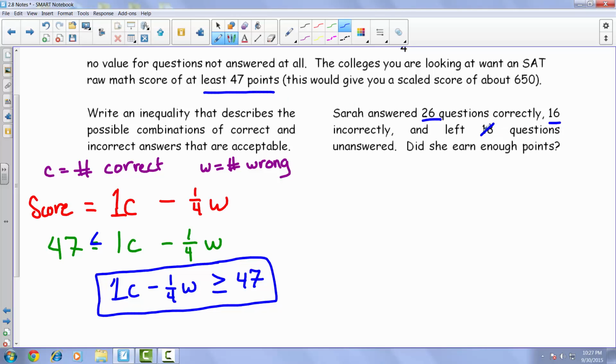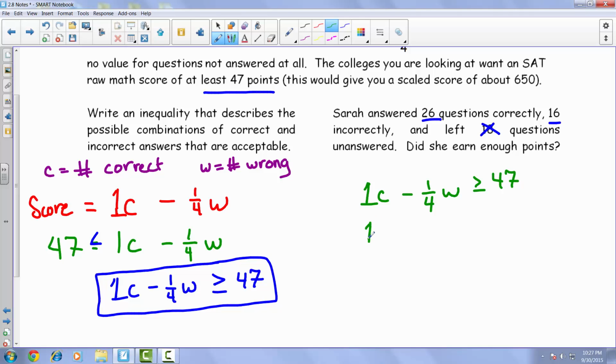So for our 18, we don't even really have to use it at all. Now when we're looking at our inequality, we end up with 1C minus 1/4 W. Is that larger than or equal to 47?